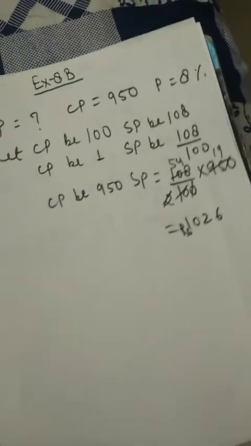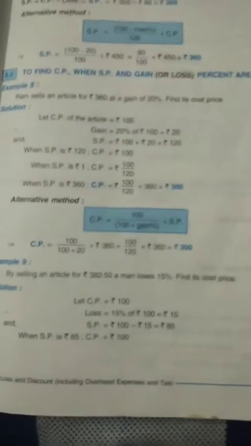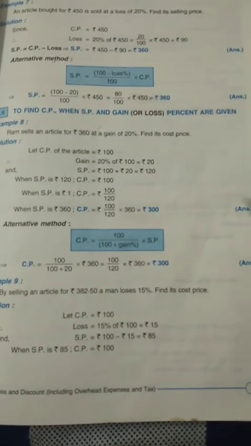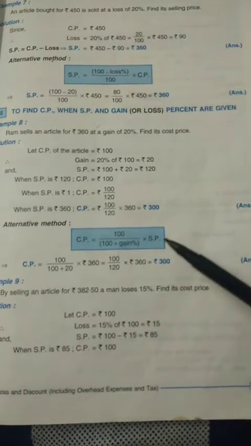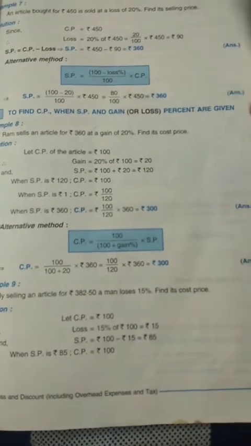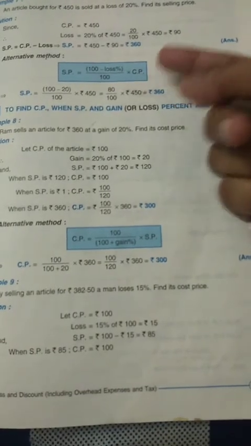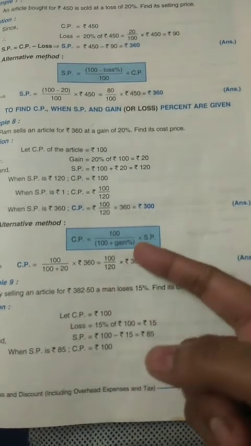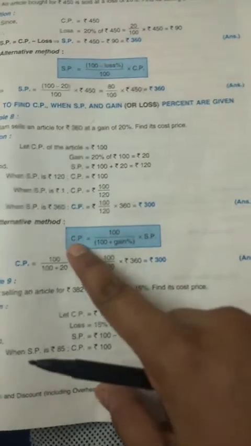You can use these formulas which are given in your book. When you have to find selling price, you can use this formula in case of loss. You can use this formula in case of gain percent when you have to find cost price.